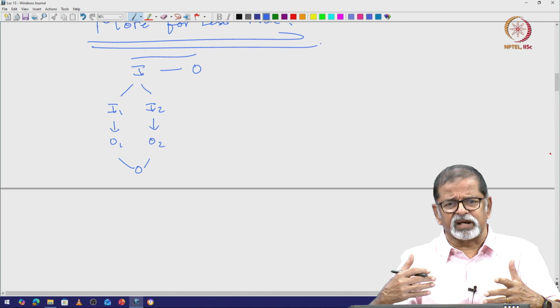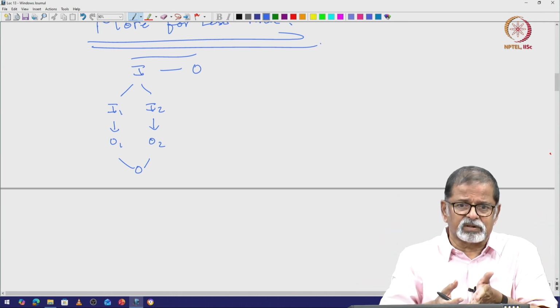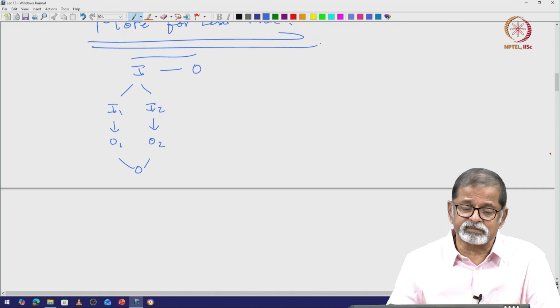So, you will have the corresponding outputs, use those outputs or solutions to get the solution of the original one.